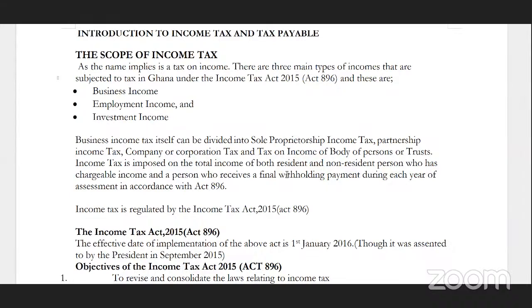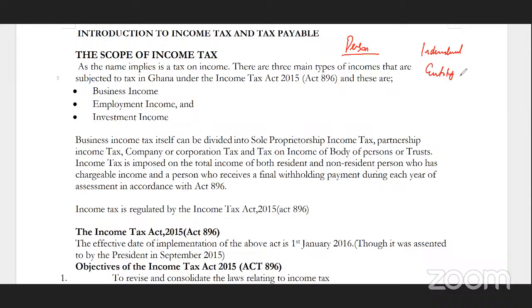Income tax is thus imposed on your total income, whether you are a resident person or a non-resident person. If you want to understand taxation in Ghana, this is where you must start from. Know the kind of income you have, how the tax is applied, and on which person. When you hear person in taxation, it can be categorized as an individual or an entity.